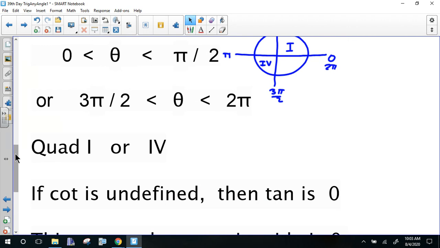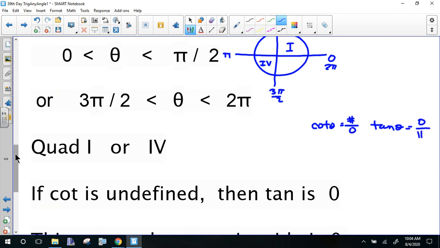If cotangent is undefined, then tangent has to be 0. Because cotangent is a reciprocal of tangent. So if cotangent is undefined, it's some number divided by 0. And if we flip that, 0 is on top here.